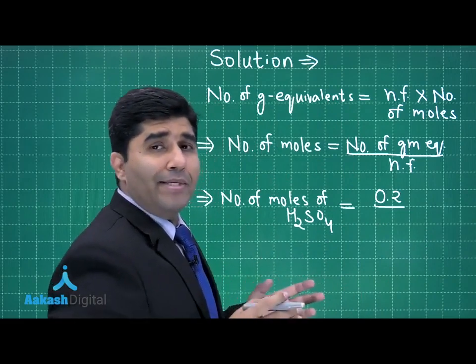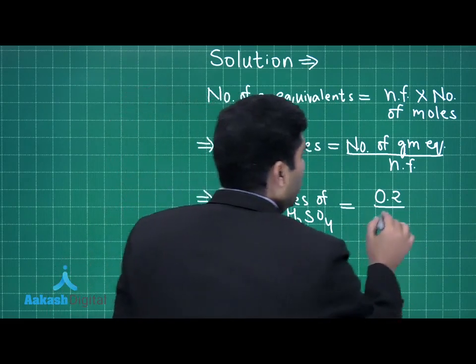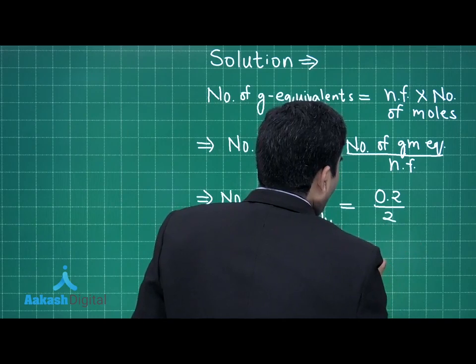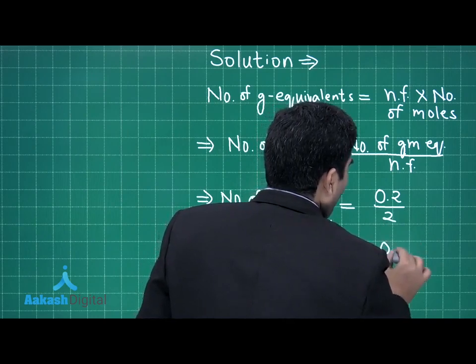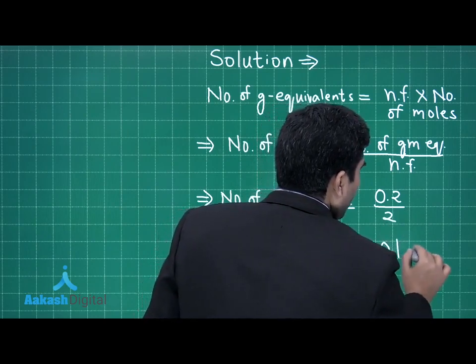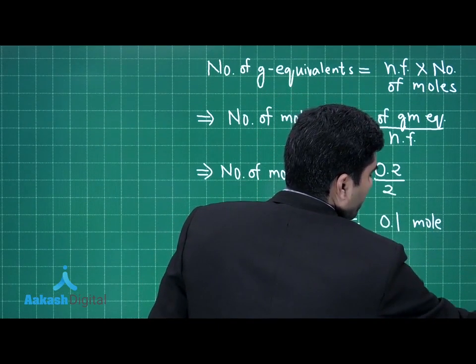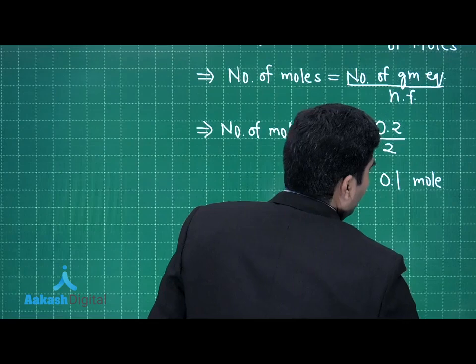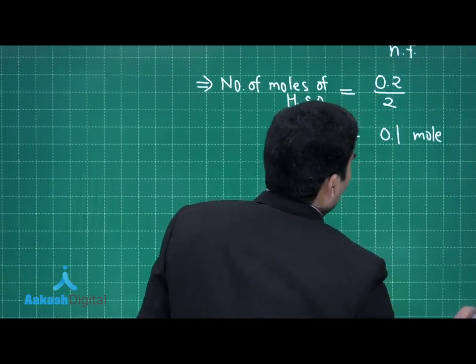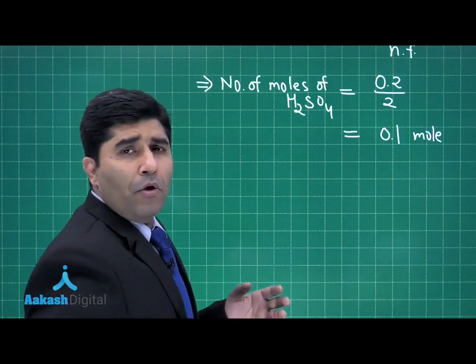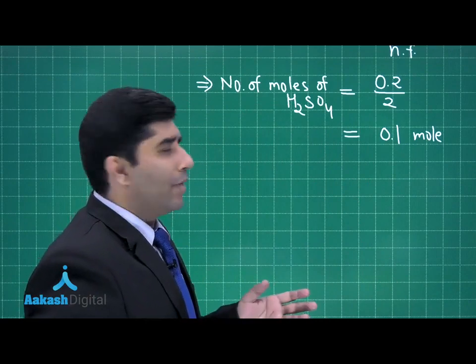Since it's a dibasic acid, that's why it will be equal to 2. Therefore, the number of moles is equal to 0.1 mole, right? Now, as we discussed, copper will not react, only zinc will react.